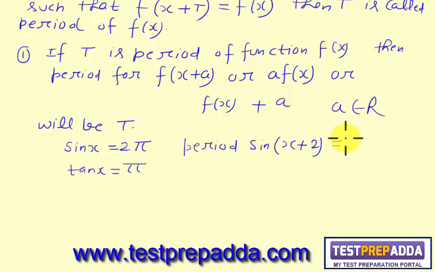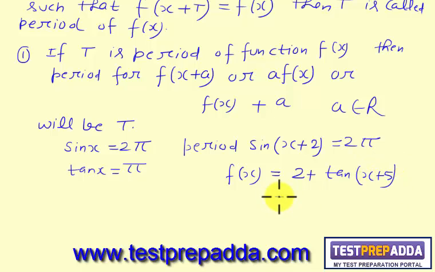Your answer must be 2π. If I ask you what is the period of the function f(x) = 2 + tan(x + 5)? Your answer will be π, because the period of the function tan x is π. So here the period of this f(x) will be π.